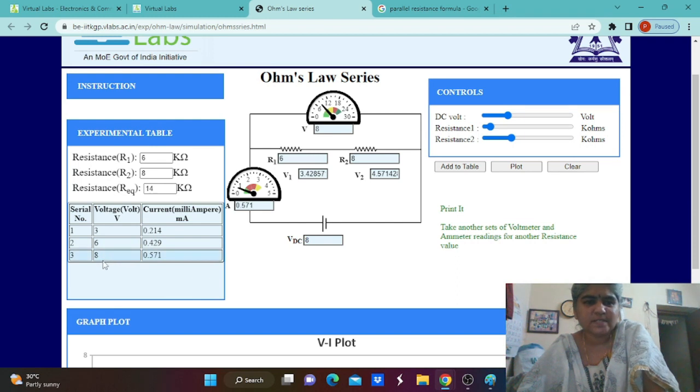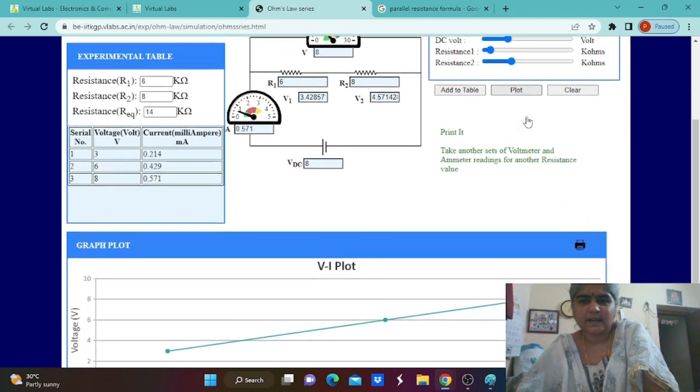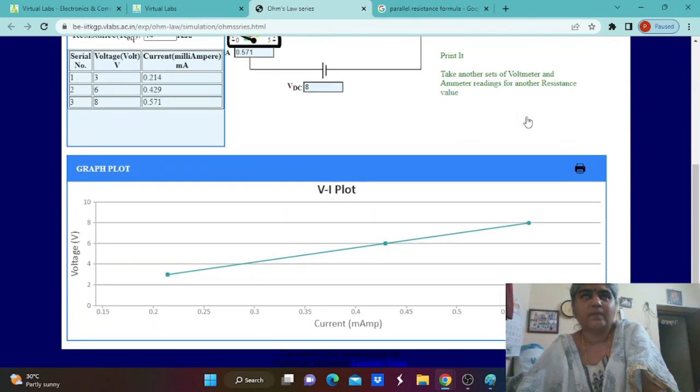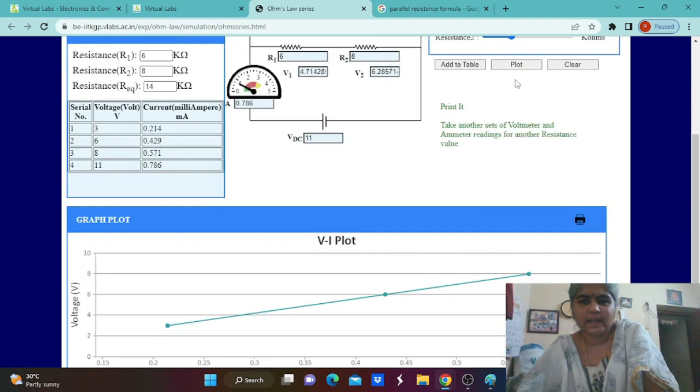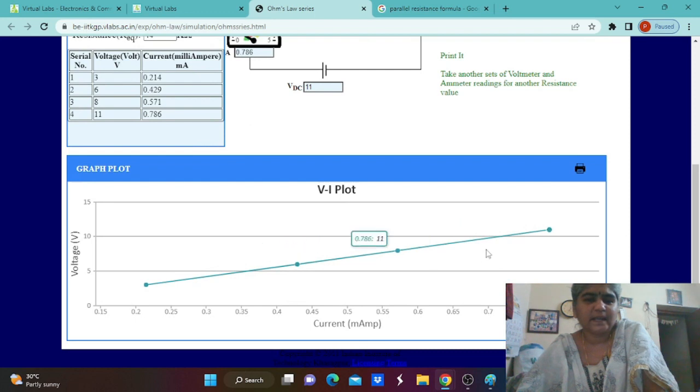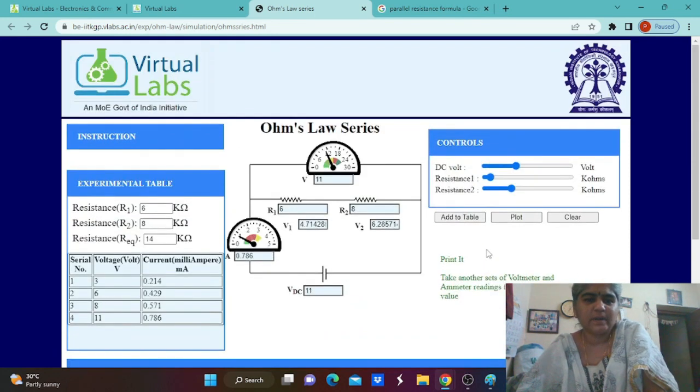For that, our resistance value and current value are mentioned here, and we click plot, and again we get a linear curve. Likewise, we can increase the DC voltage again, add it into the table, and finally plot, and you will get a linear curve. So this is the relation in Ohm's law between voltage and current with the resistance.